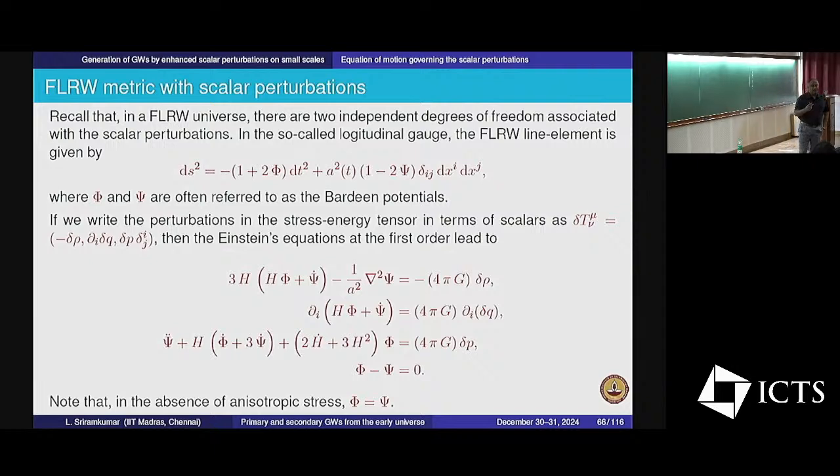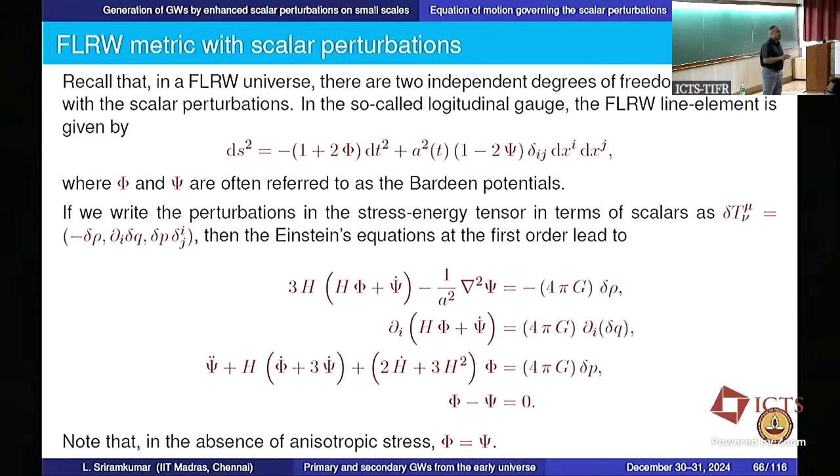There are 2 ways of studying the scalar perturbations. Remember, in the context of gravitational waves, there was no further gauge choice or coordinate. Considerably simpler, and therefore we are going to work with a particular gauge where we have introduced these scalar functions, which we have referred to as phi and psi, and these are often referred to as the Bardeen potentials.